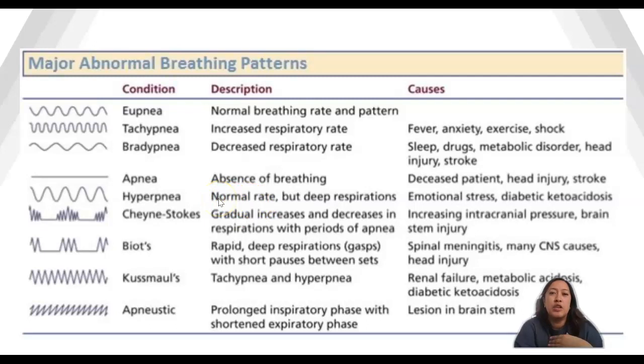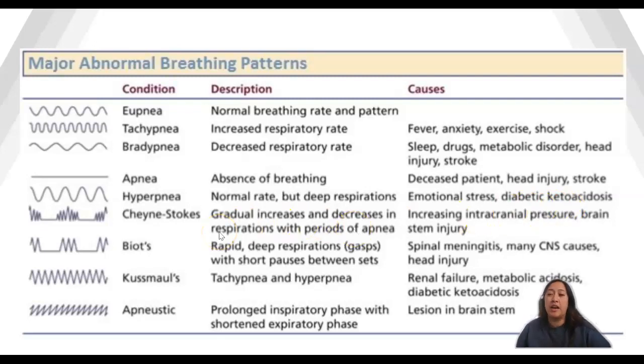If you're breathing at a normal rate but very deeply, like when taking your lung sounds, you would call that hyperpnea. That could be due to emotional stress and diabetic ketoacidosis.